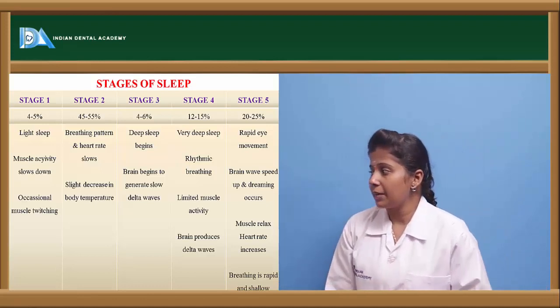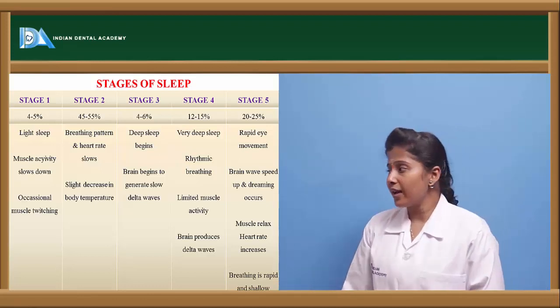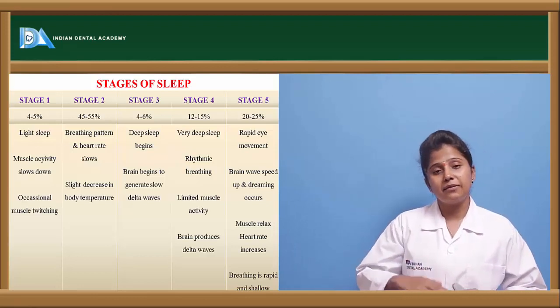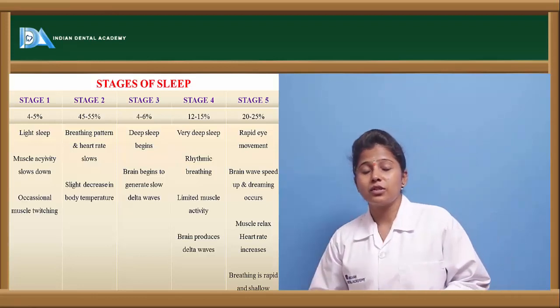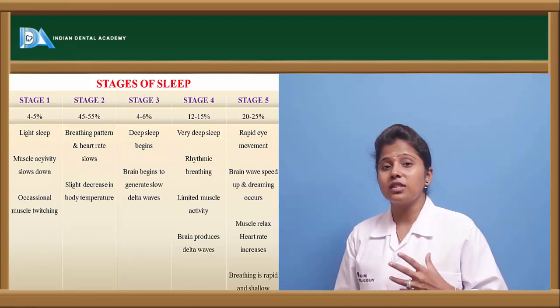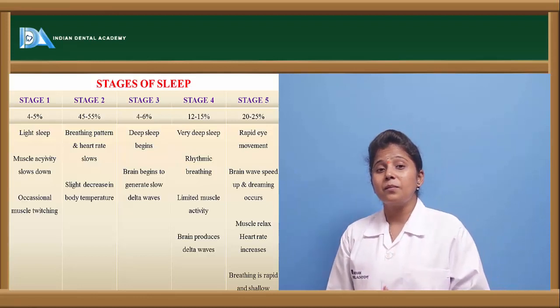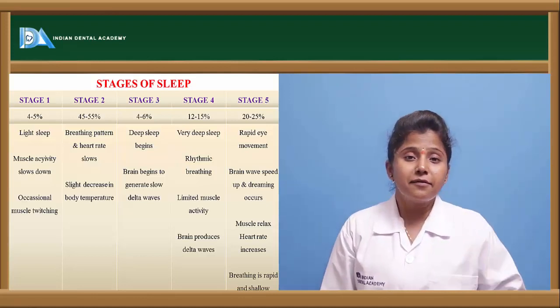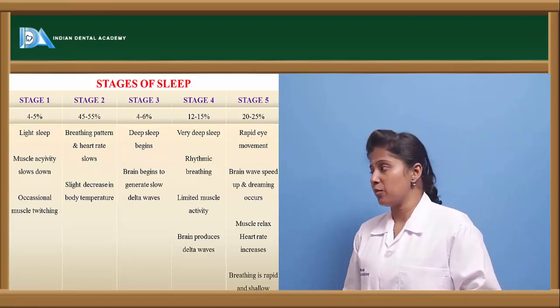The brain wave speed goes up and down, so the waves fluctuate. Because of this fluctuation, dreaming occurs, and it occurs in the 5th stage of sleep, that is rapid eye movement sleep.